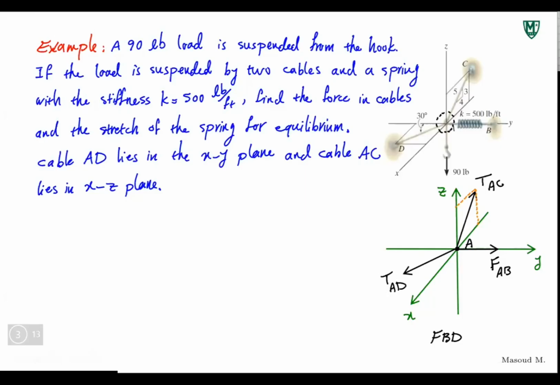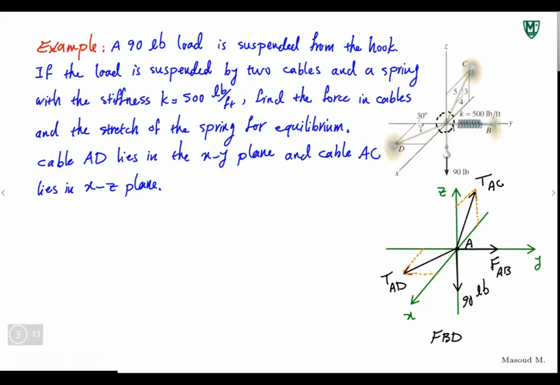And just to make it a little more clear, it's in the XY plane. What is missing? Is everything there already, or do we still need to put something else? The force of weight. The force from the hook, right? Exactly. So this would be 90 pounds.